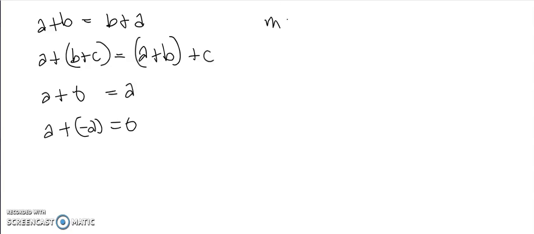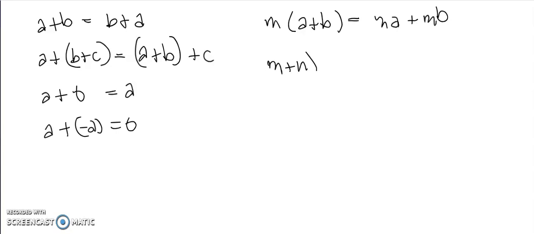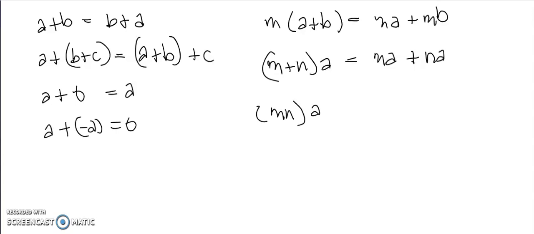We have m times a plus b is equal to ma plus mb, and then m plus n times a is ma plus na, and then m n times a, or m times n a, equals n times m a.